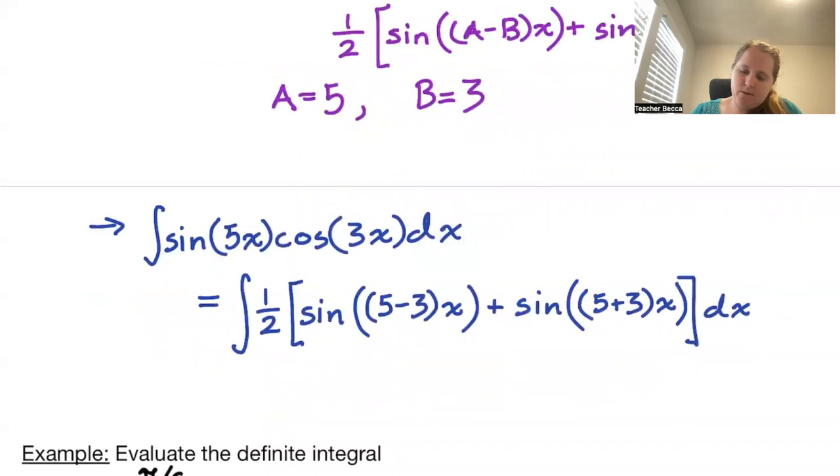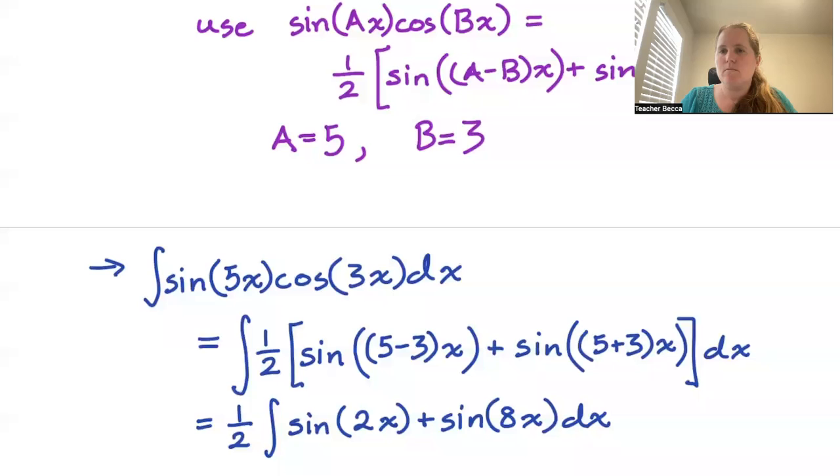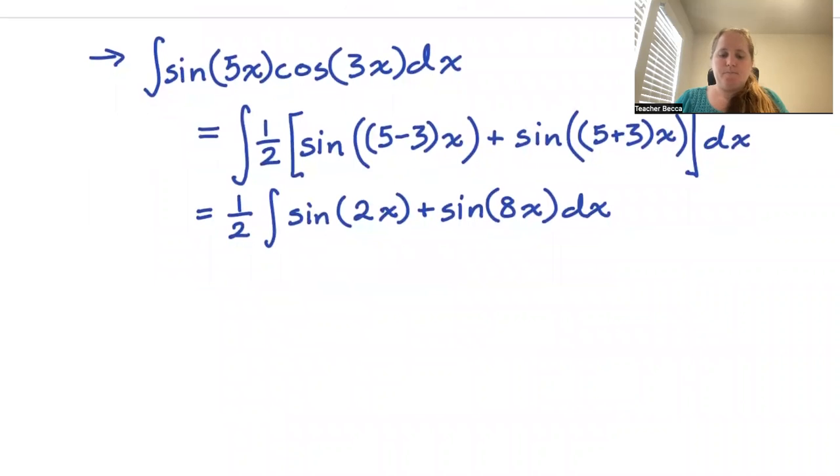So this becomes 1/2 times the integral of sine of 2x plus sine of 8x dx. From here, the integrals of sine of 2x and sine of 8x are relatively simple. We have our 1/2 out front.